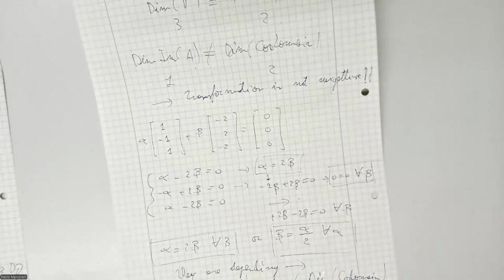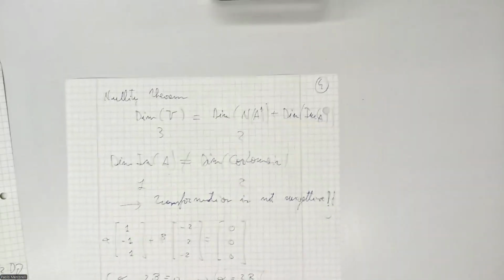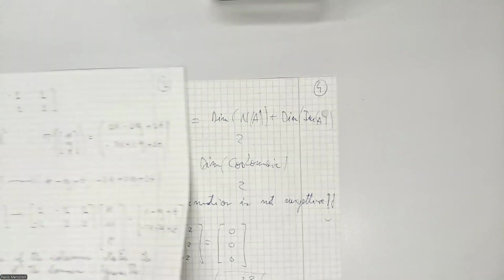We can say if the matrix is not full row rank, the system is not surjective.